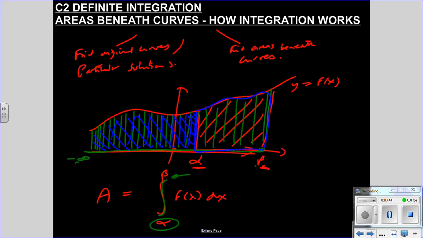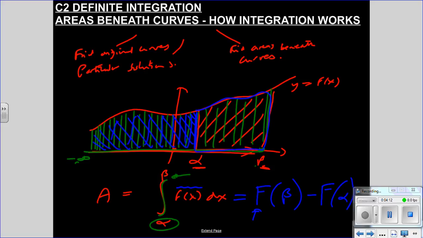So the theory says that once this is integrated, so notice lowercase means I haven't integrated yet. Once I integrate it, this will go to capital F of beta, capital F means it has been integrated, right? Minus capital F of alpha. This is your C2 integration formula.